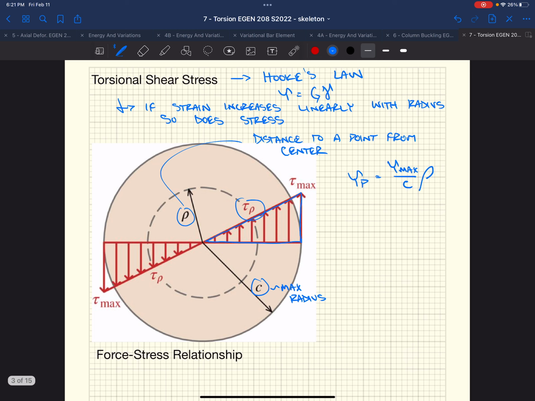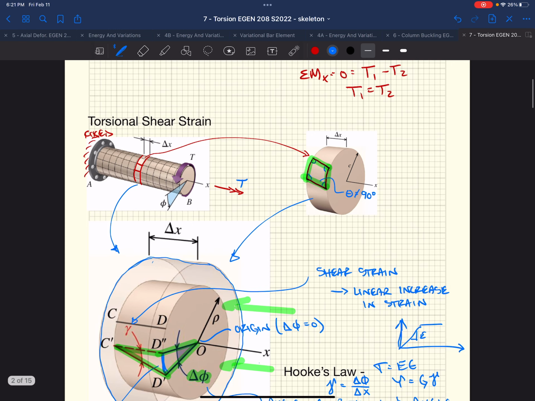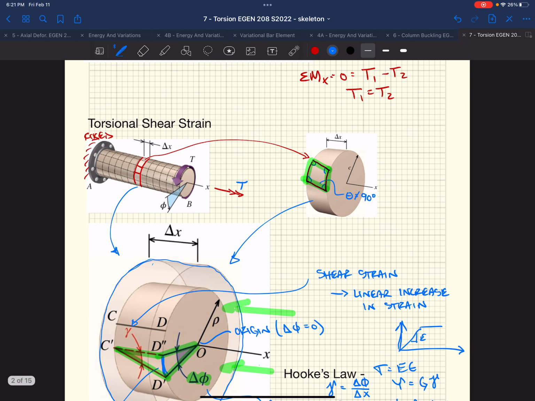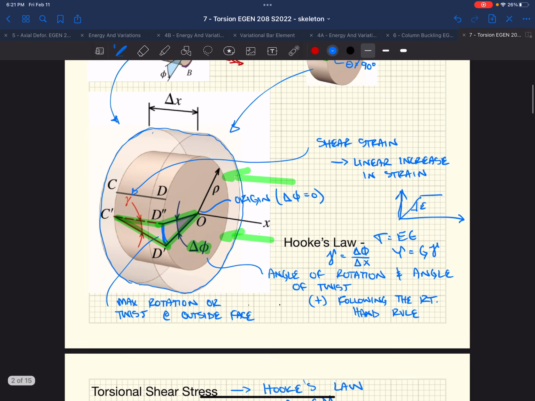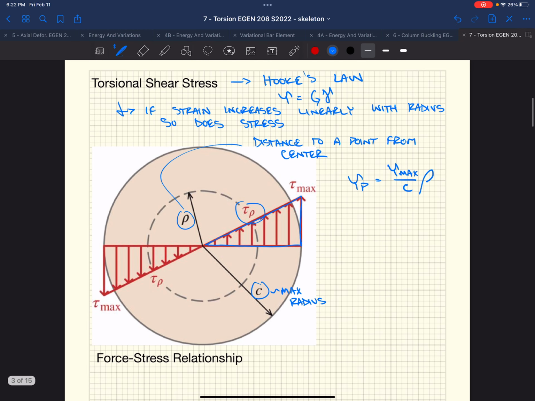We want to make some relationship between force and stress. We want to know if we have this torque applied to the end of this shaft, what stress is that going to result in? In mechanics, that's what we're always trying to do. We're going to figure out applied loads based on free body diagrams. Once we have those applied loads, we need to figure out a way to get applied stresses so that we can relate that back to material properties.